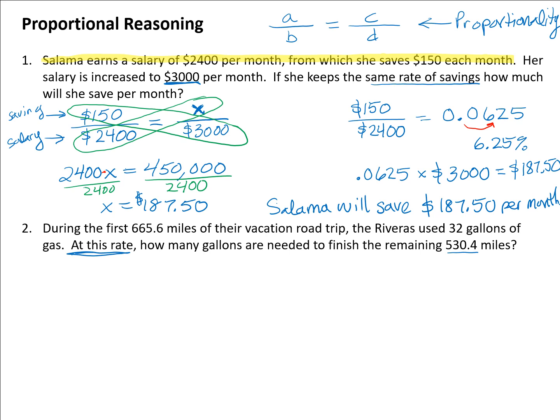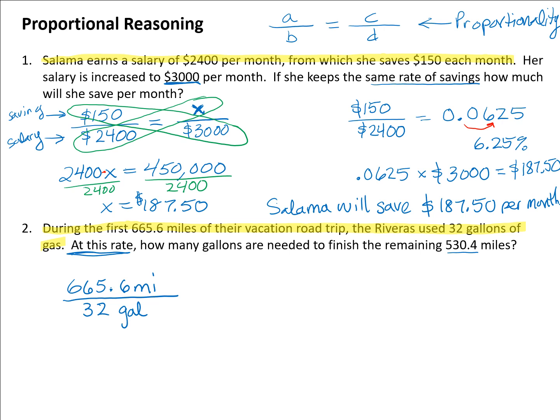So once again, one thing to be aware of is that we want to set up our first scenario as a single ratio. All right, so let's look at this first part of the trip. 665.6 miles over 32 gallons. And I said ratio, but actually this would be a rate because the units are different.